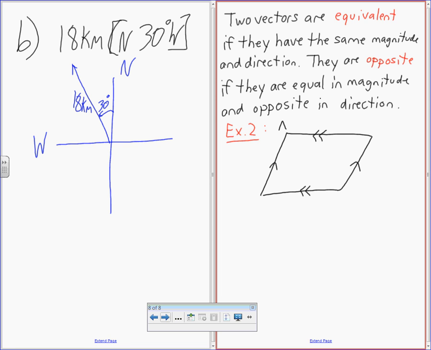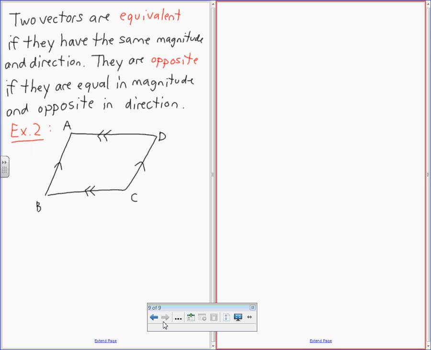Letter A is going to say: list a vector equivalent and opposite to AB. Okay, so let's look at vector AB. I need something that is equivalent to it.